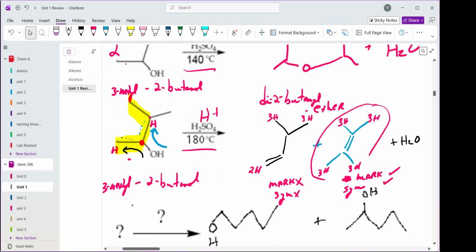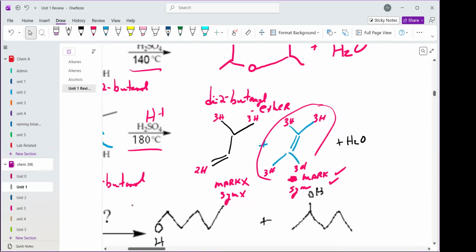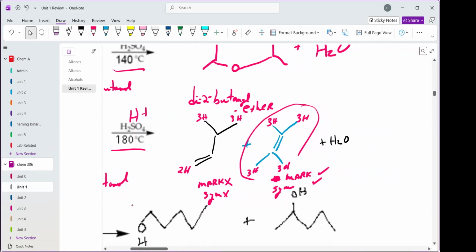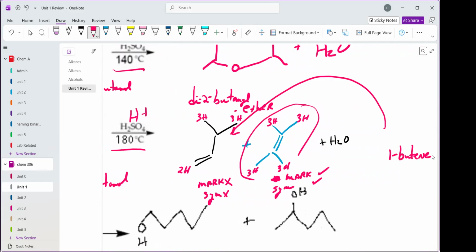And I'm running out of room. Let's see. So it's going to be 1, 2, 3, 4. So it's going to be 1-butene. This will be carbon number 1. And then we have 3-methyl-1-butene.